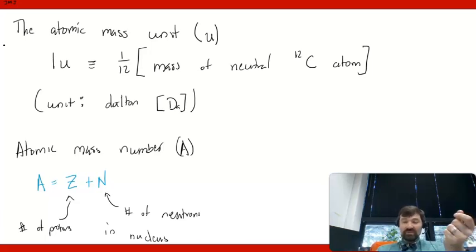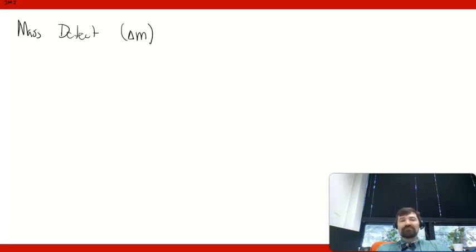In fact, it's actually in some ways worse than even that, because as it turns out, depending on how many protons and how many neutrons you have, you also have a quantity called mass defect. Mass defect is usually represented as delta M. This is the difference in mass that you would get for a given nucleus, between the actual mass of the nucleus and the sum of all the protons' masses and all the neutrons' masses.